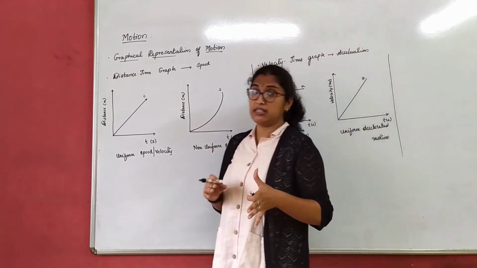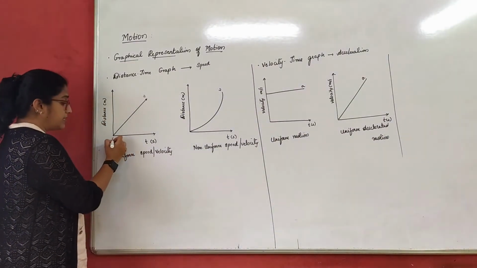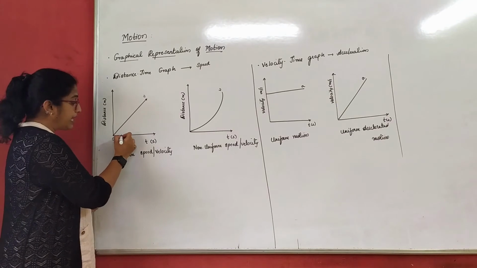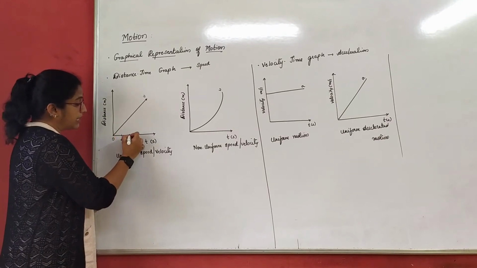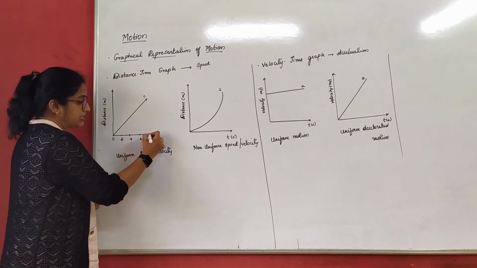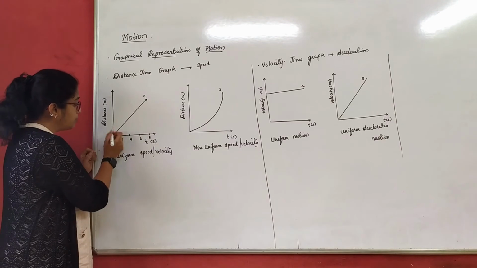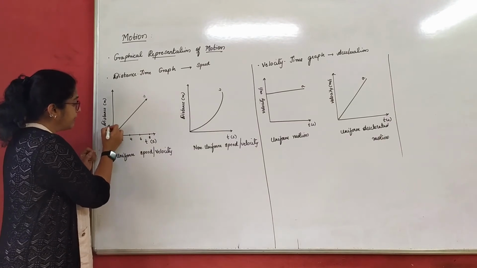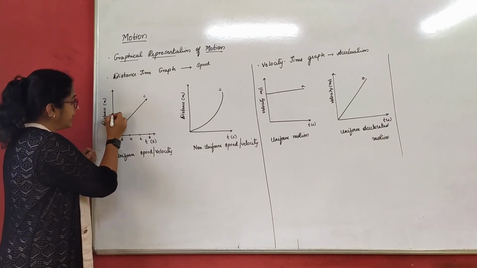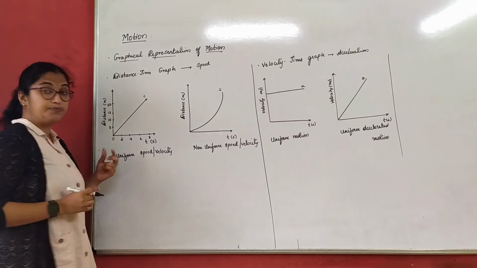Now, how do you say this? For example, if I plot the values here, let's take this as 0. Time I consider as 2 seconds, 4 seconds, 6 seconds, 8 seconds. Distance, how much it has moved: I'll take 5, 10, 15, 20.